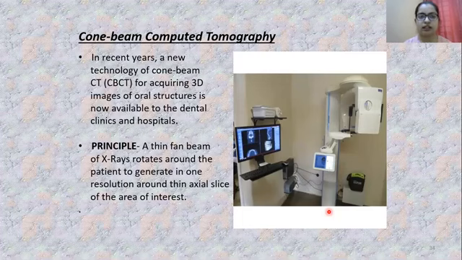With CBCT, a great renovation came, and we got a way to see all the areas of the tooth. We can see all the 3D images of the oral cavity, and it helps in determining a good diagnosis and then proceeding with a good treatment with the help of CBCT.